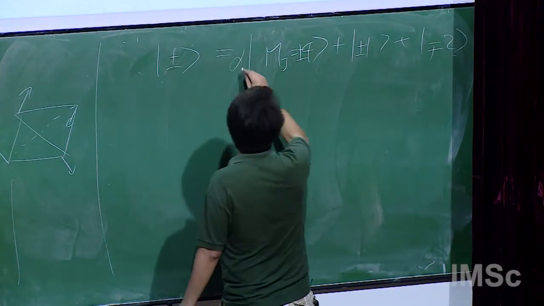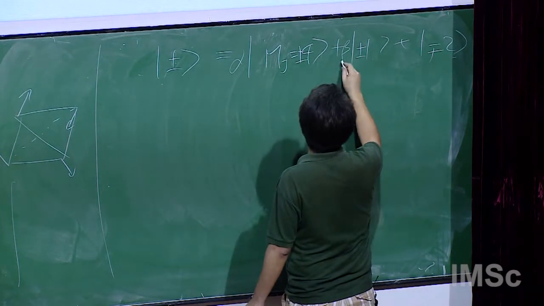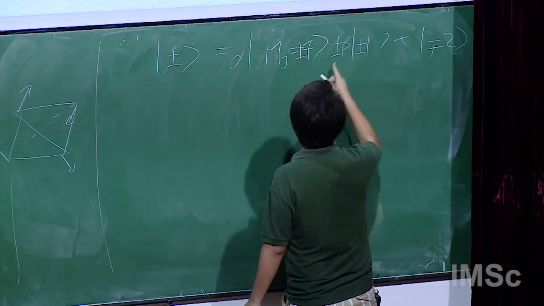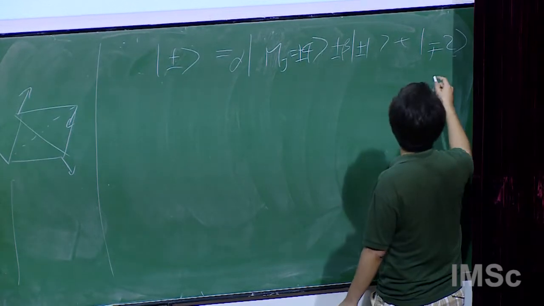There should be some parameter here, and because of the symmetry, we need some minus sign here for the lower case.